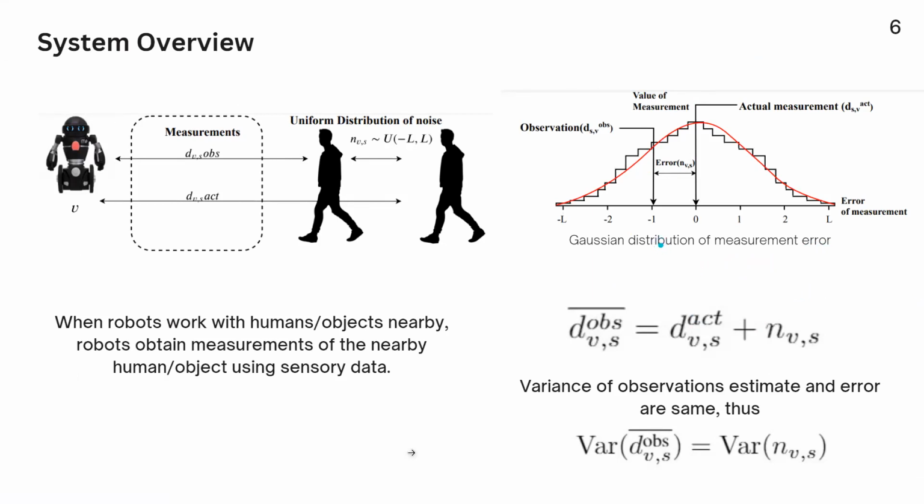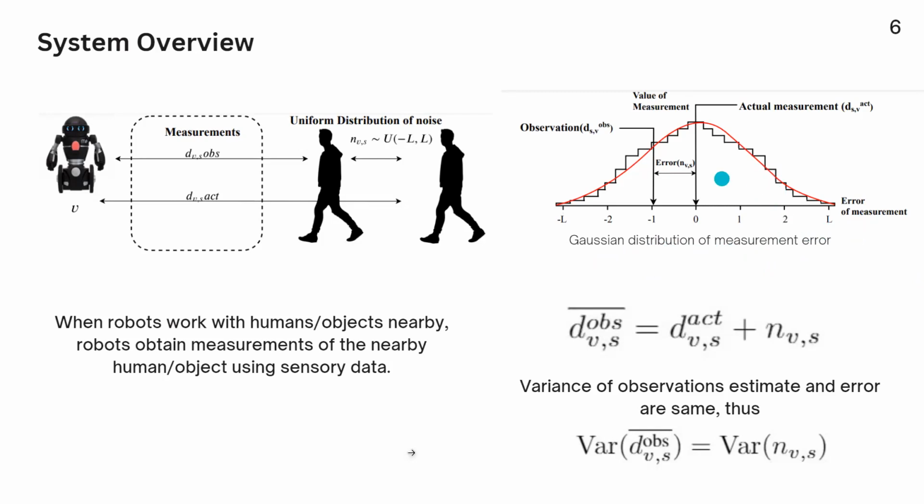This is an accepted fact in the world: measurement errors of sensors follow a Gaussian distribution. Based on that fact and from the literature, I found the distribution that very much fits this error, and then I assumed that measurement error follows a Gaussian distribution, right? And based on that, I estimate the error that can occur at different error levels.